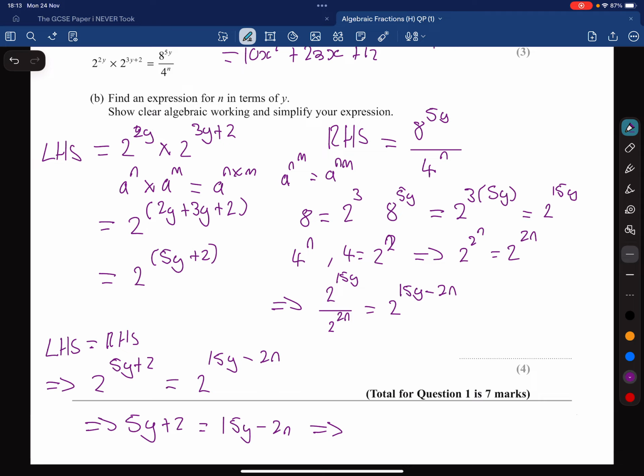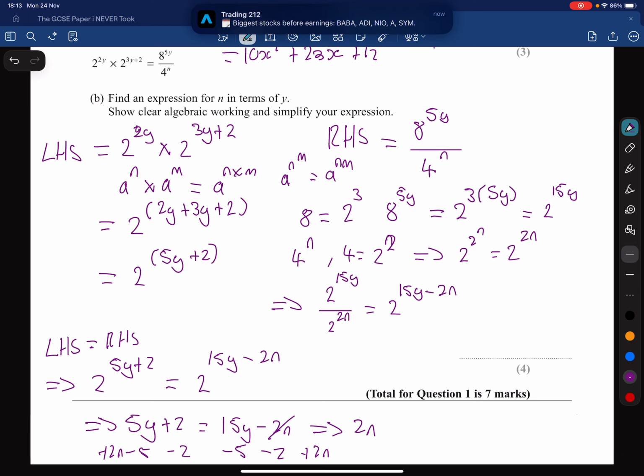We solve for n: we add 2n to both sides, so the 2n cancels out on the right. Then we minus 2 from this side, so 2n is equal to 15y minus 5y.